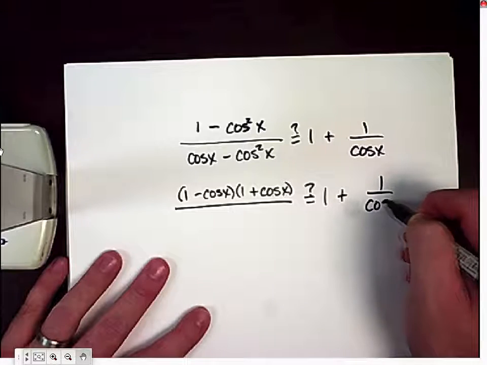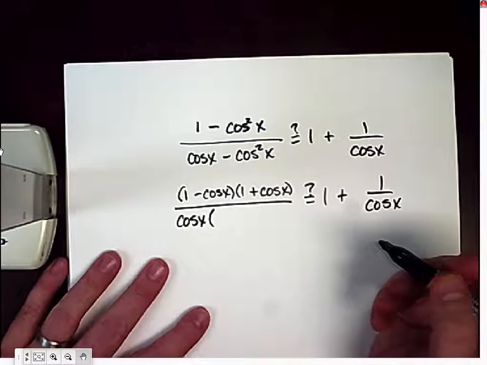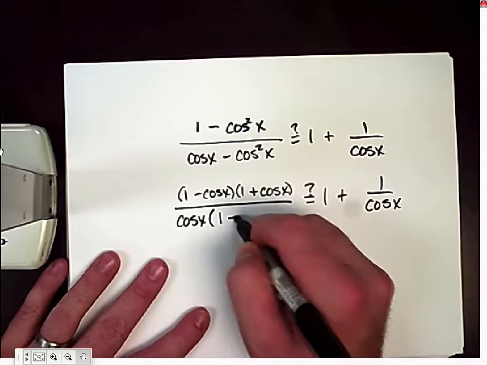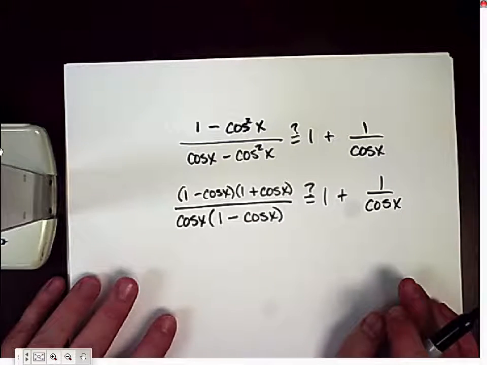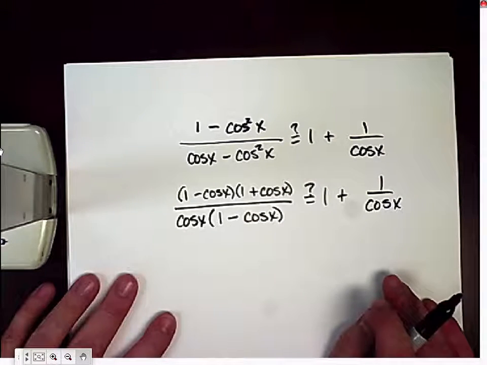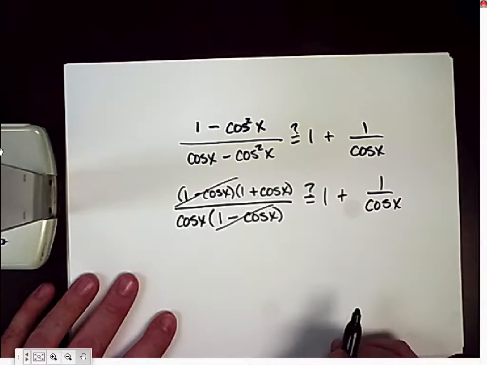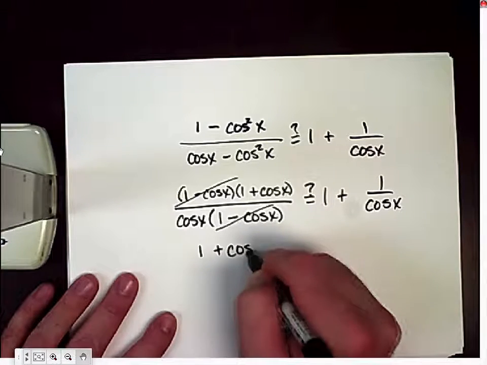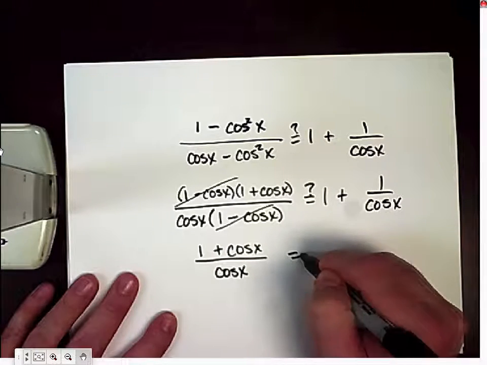At the bottom, you can factor out a cosine, and you're left with 1 minus cosine x. Right? Those cancel. So you've got 1 plus cosine x over cosine x.